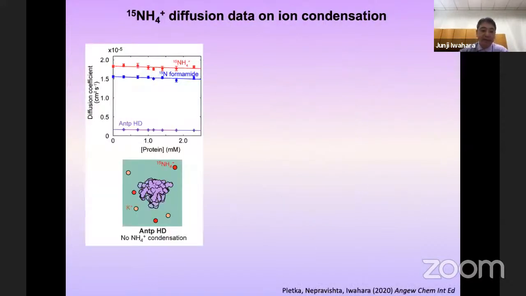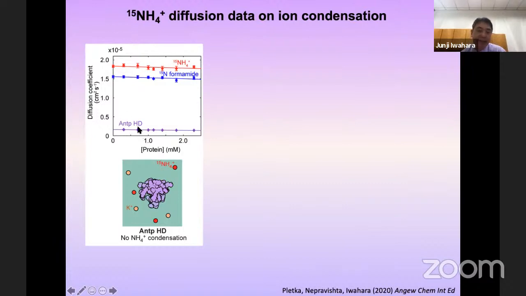Okay, here is an example. This is showing diffusion coefficients of ammonium ions and formamide as a neutral internal control. And the coefficients were measured at several different concentrations of Antennapedia homeodomain protein.